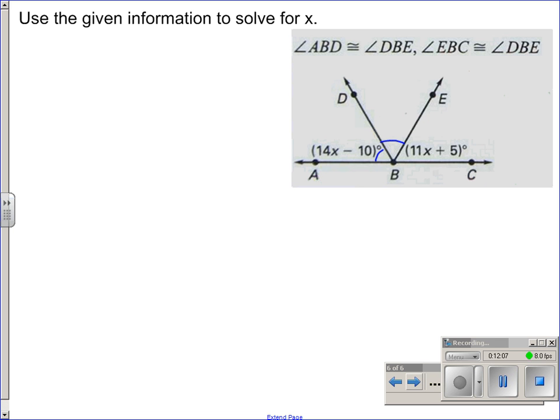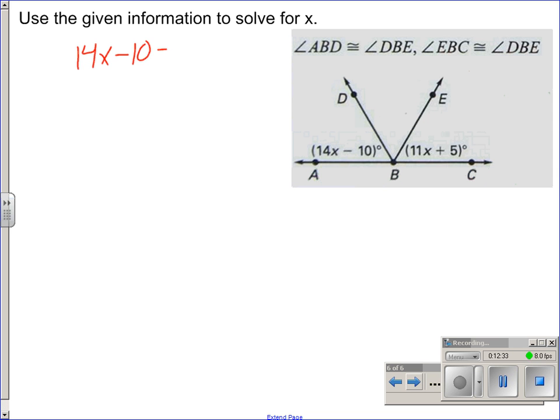You were also told angle EBC, which is this one in green, is congruent to angle DBE, that same one. Well, transitive property says if this one and this one are equal, and this one in red is equal to that one, then they've got to be equal to each other. The outer ones are equal to each other. And so that's how we're going to solve it.